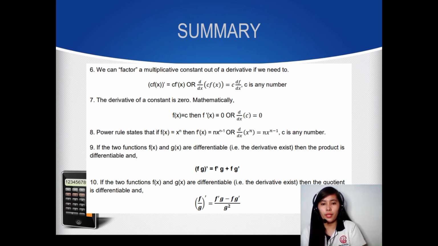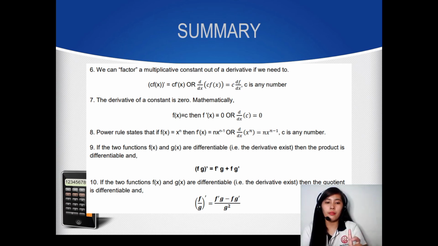So you only have to put the exponent in front of the x, then subtract 1 from the original exponent. Then for the product rule, if the two functions f of x and g of x are differentiable, then the product is differentiable, and fg prime is equal to f prime g plus f g prime, or the derivative of uv is equal to u dv plus v du.